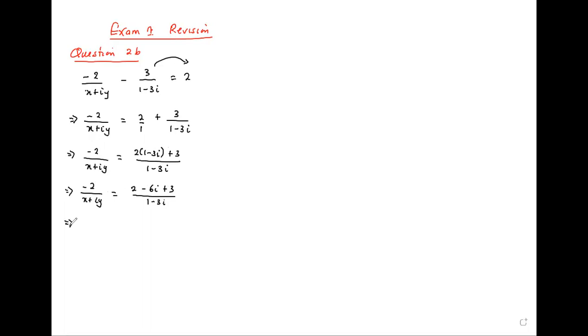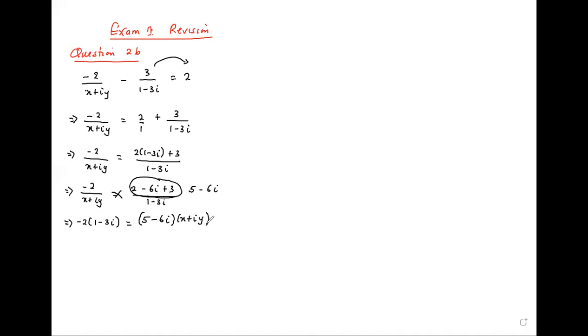Cross multiplying, we get negative 2 times 1 minus 3i is equal to 2 plus 3, which is 5, minus 6i. So we have 5 minus 6i multiplied by x plus iy.